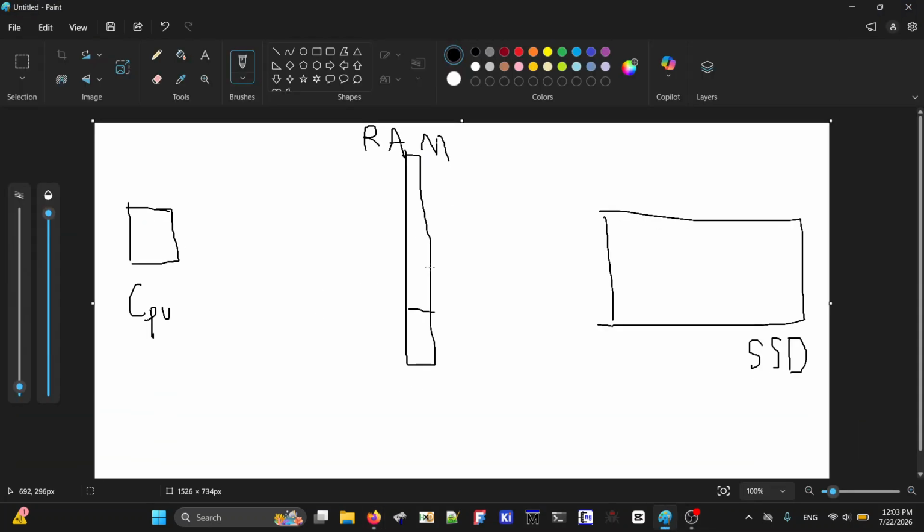So let's assume we have multiple EXEs in RAM, and we'll call them process 1 and process 2. We have to give both of them CPU time, right? So let's think about how we do that.